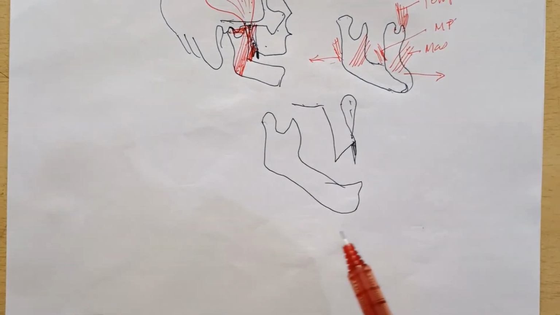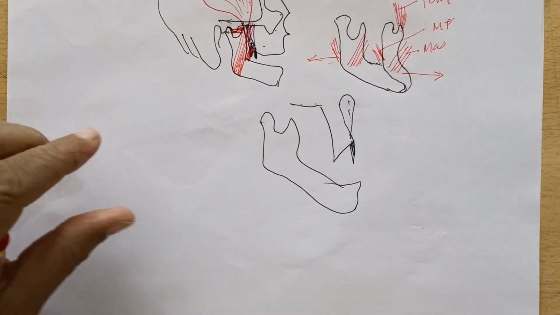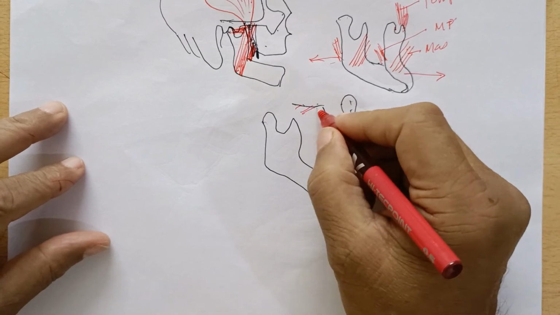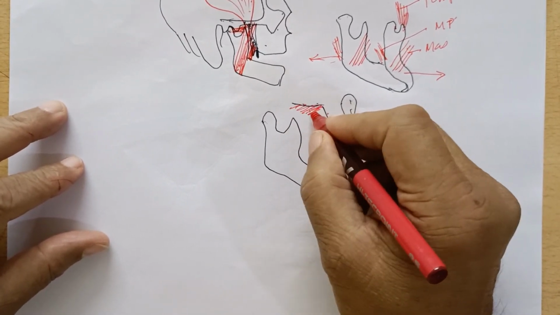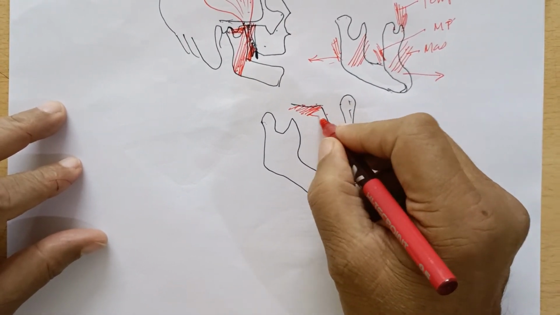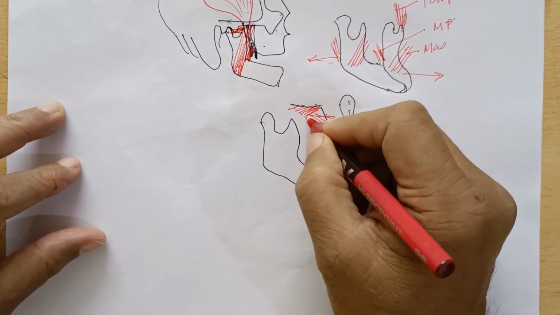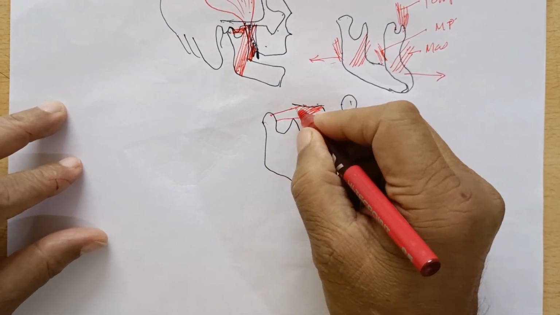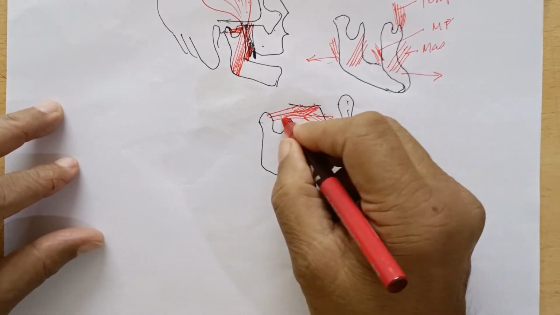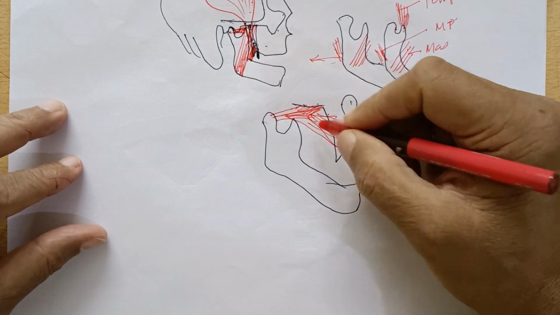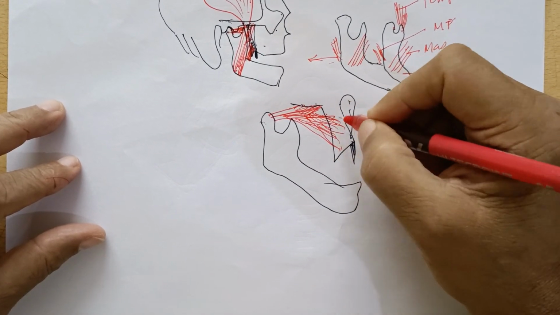which is open. So the lateral pterygoid arises from here and from here and gets inserted into the neck of the mandible, and this opens the jaw. So this is the lateral pterygoid.